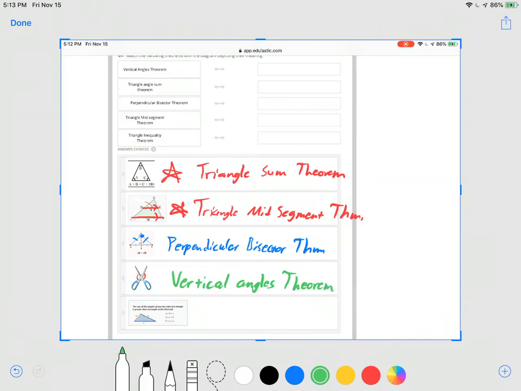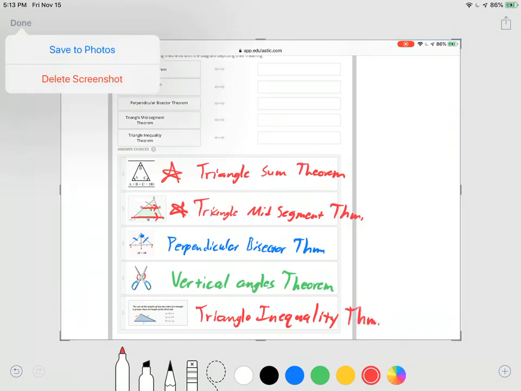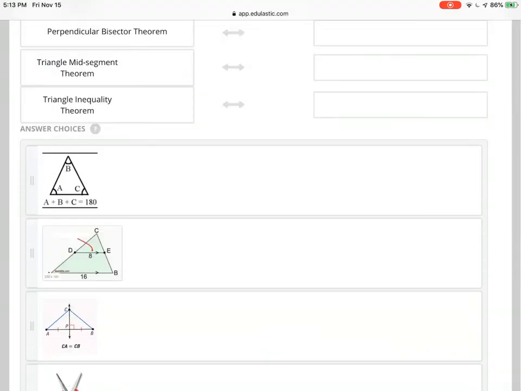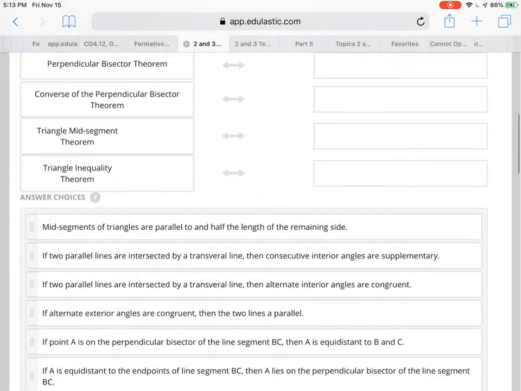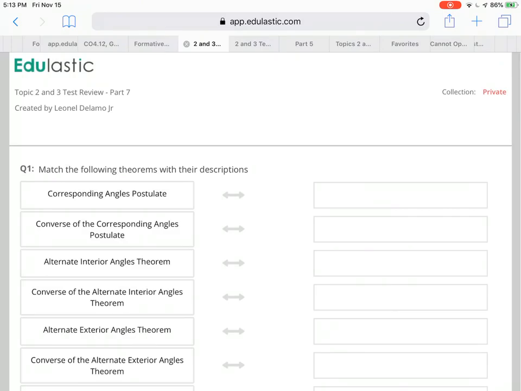And then this last one is depicting the triangle inequality theorem. And that's it. Okay, so that's it for part 7. Part 6 happened to be the same thing as part 7.